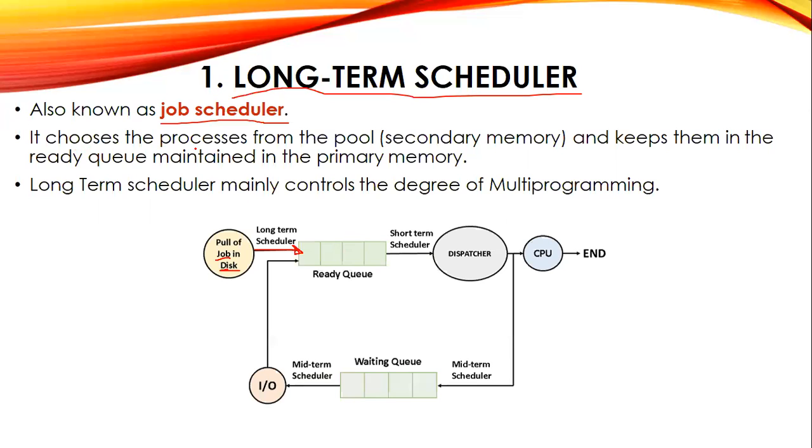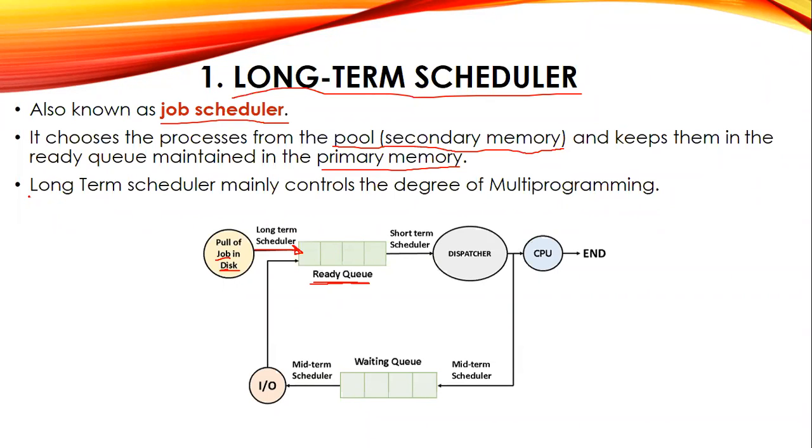So it chooses the processes from the pool in secondary memory and keeps them in the ready queue maintained by primary memory. So the long-term scheduler is responsible for taking the jobs from the hard disk, or secondary memory, and putting them into the ready queue.